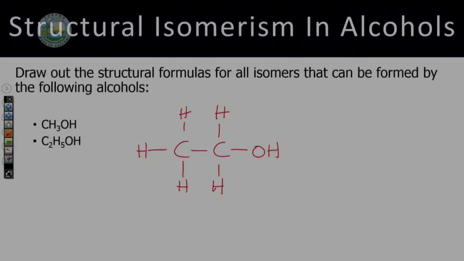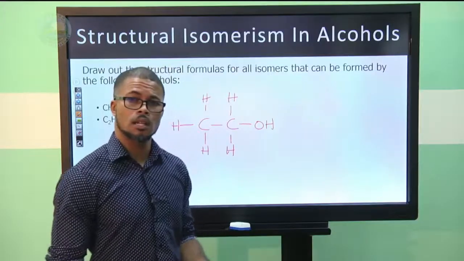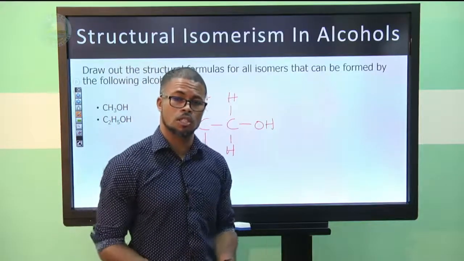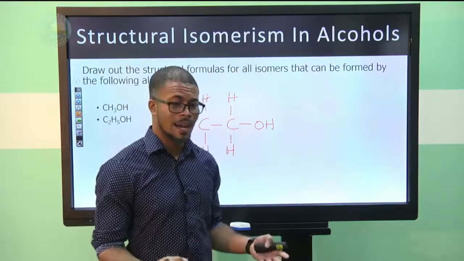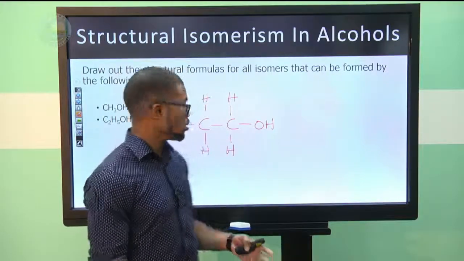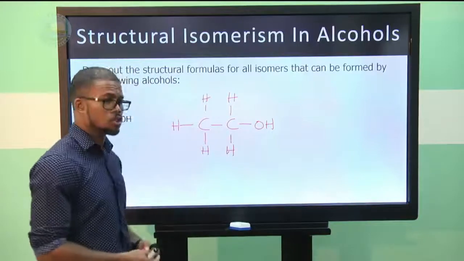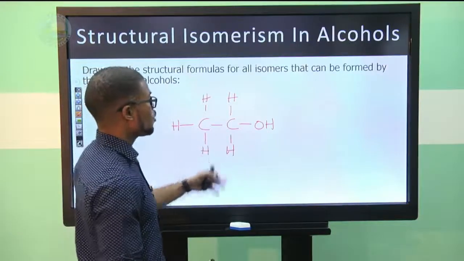If we can recap what an isomer is: basically a compound that has the same molecular formula but a different structure. So we are asking if this alcohol that contains 2 carbons can form an isomer.